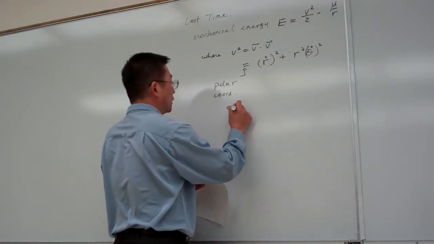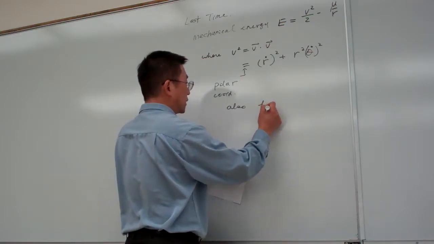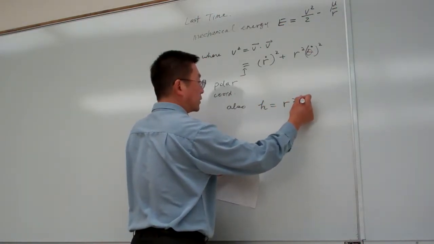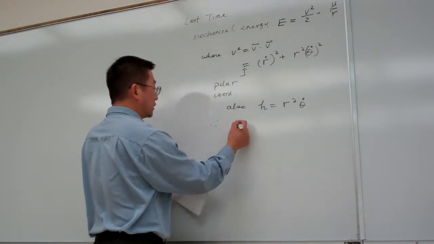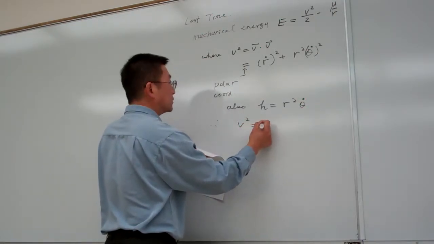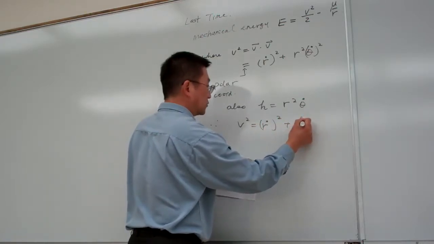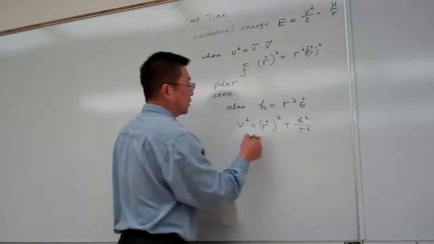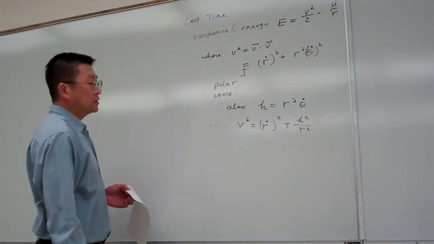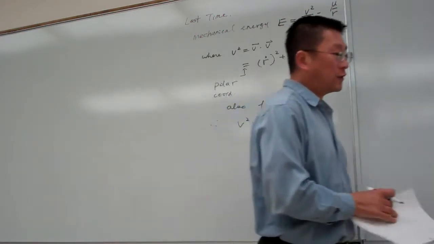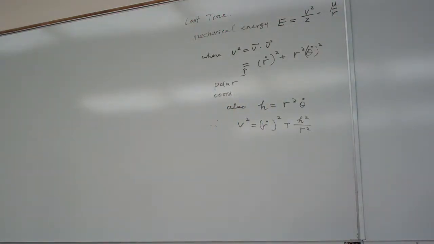And also we're using this notation h, the magnitude of the angular momentum, equal to this one. So therefore, we can rewrite v squared as simply equal to r dot squared plus h squared divided by r squared. And I'm going to rewrite the mechanical energy with this term.